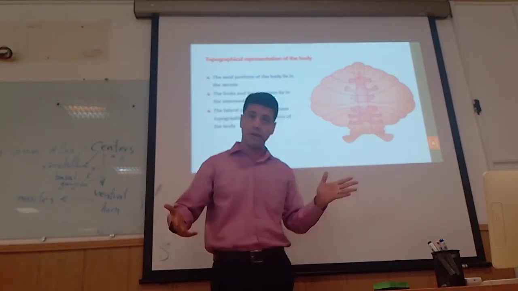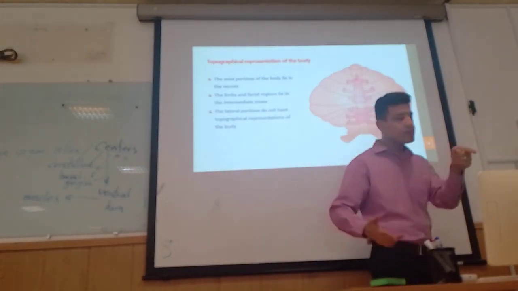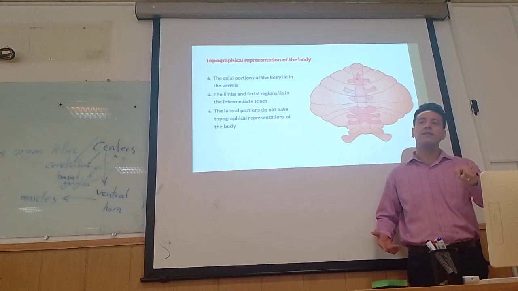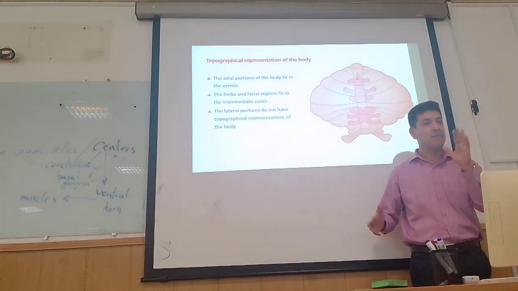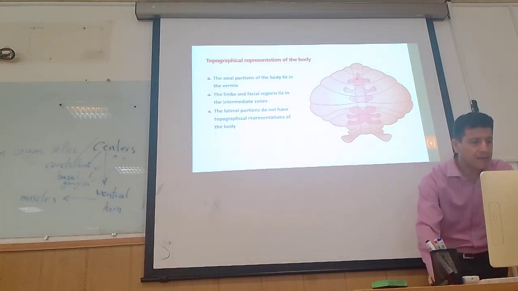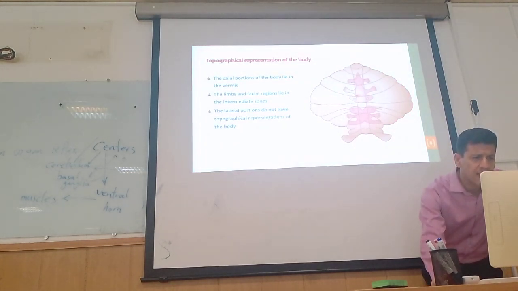the motor cortex, right? We have also another special map of the body in the cerebellum. You can see that the axial muscles, the neck and the trunk, are represented in the vermis, right? The limbs and the face are represented in the intermediate zone.